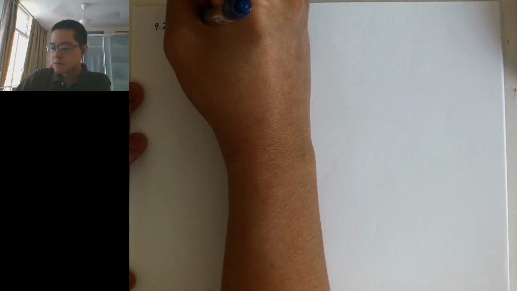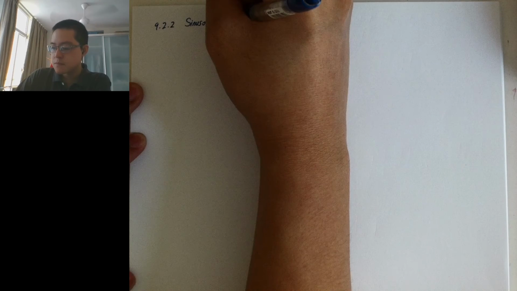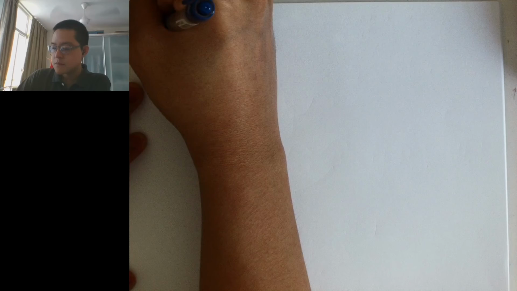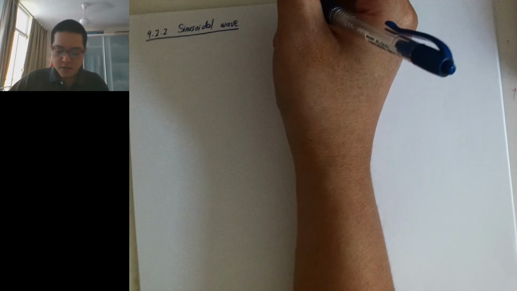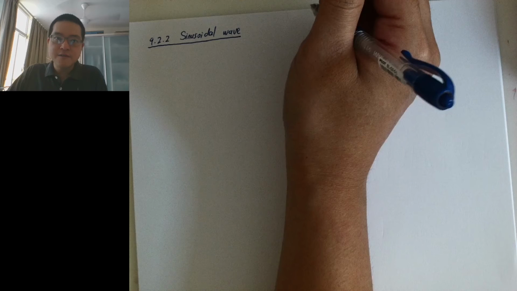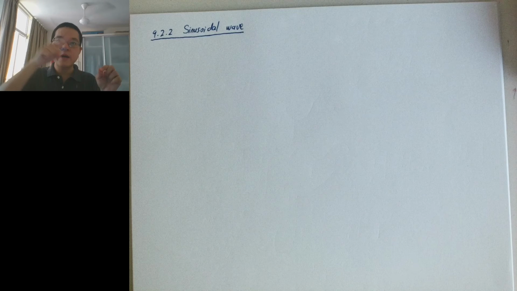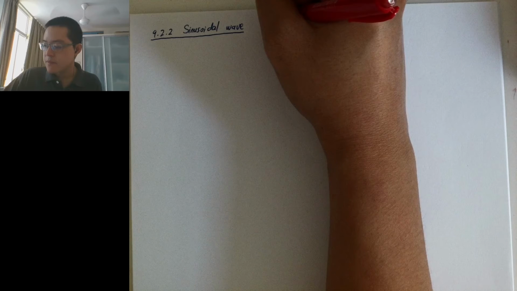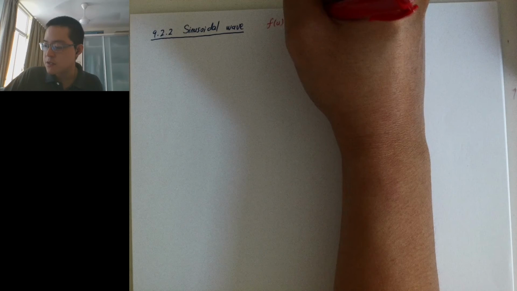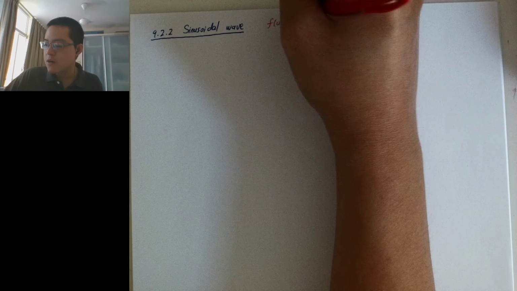Okay, so the next thing we want to do is the sinusoidal wave. The sinusoidal wave is for the specific solution where my f of u is sine u. So sinusoidal wave means I consider a specific solution, a constant times sine u.